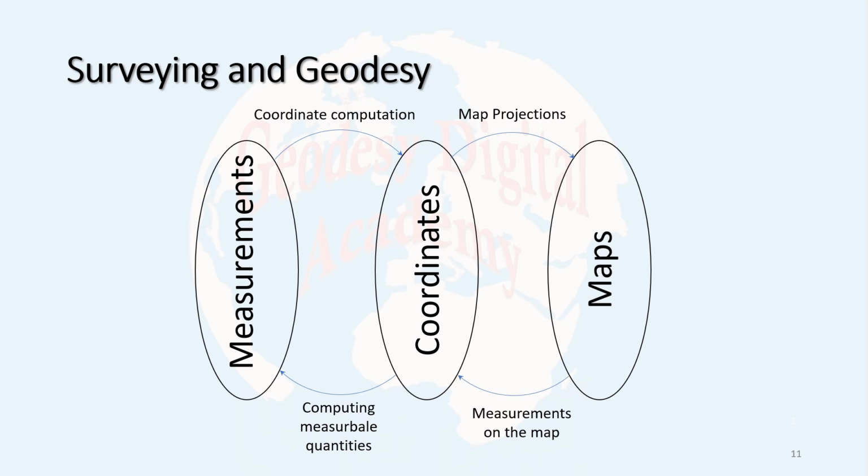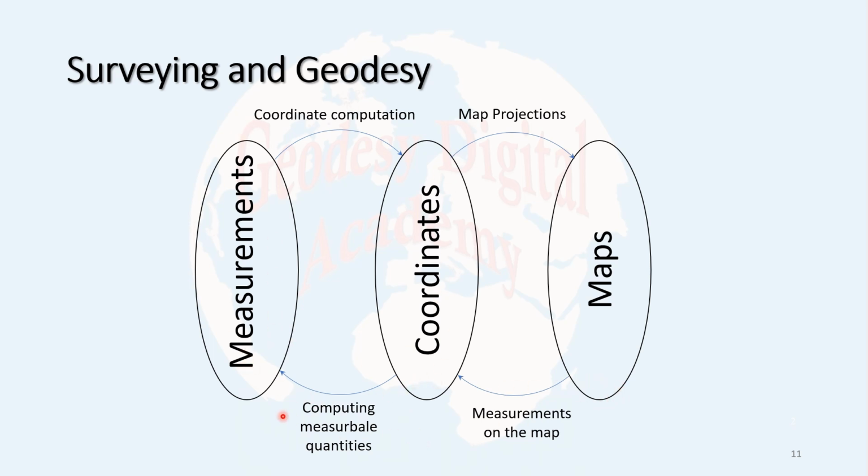And if we want to, for example, do the inverse problem, and we have some plan to set out some structure or some border or parcels or whatever, we have the maps. We can extract the coordinates from the maps and come back to the coordinate domain, suitable for transferring to the measurement on the surface.